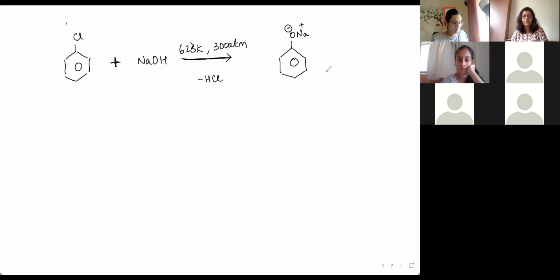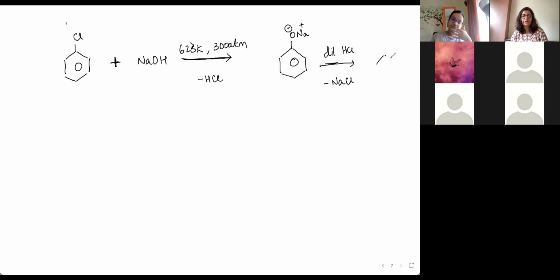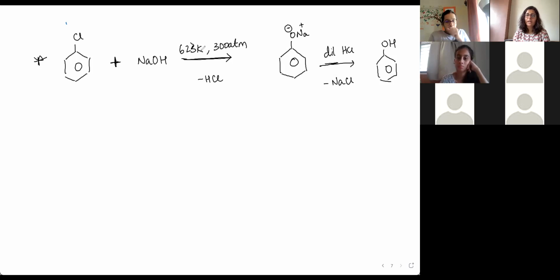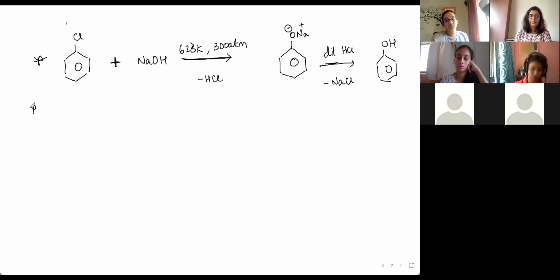So within the solution, when HCl exists, with a little bit of water in the presence of dilute HCl, sodium always wants to be ionic, so sodium chloride gets lost and you end up getting phenol. Again, this is the only reaction that happens, and that too at an extremely high temperature and extremely high pressure. This is the only nucleophilic substitution that chlorobenzene undergoes.